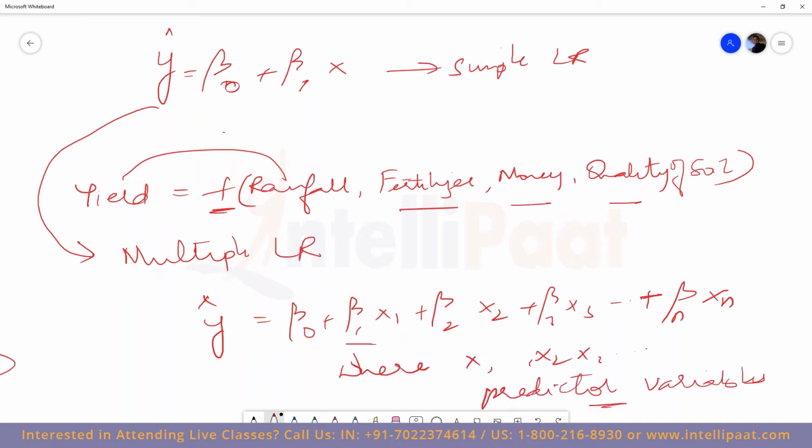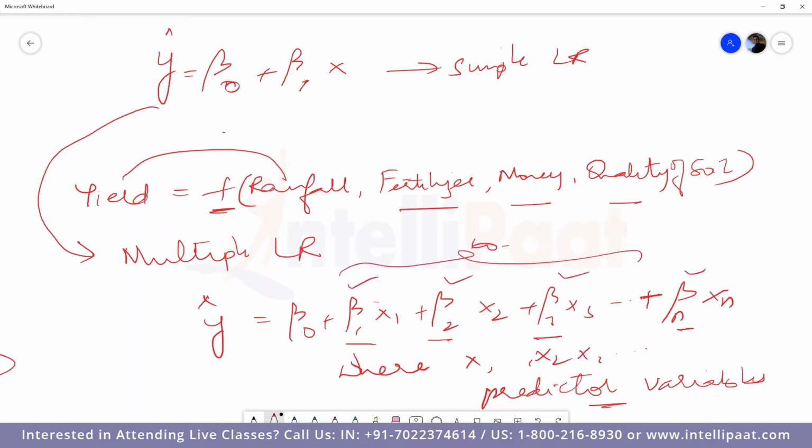And beta naught, beta 1, beta 2, and so on, just like m was your slope, these terms are typically called coefficients, and beta naught is still your intercept.